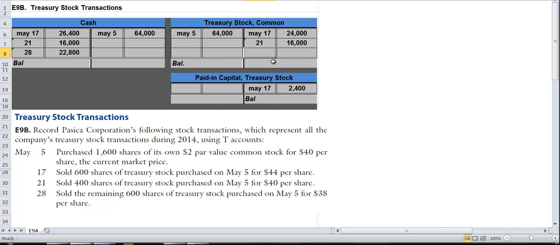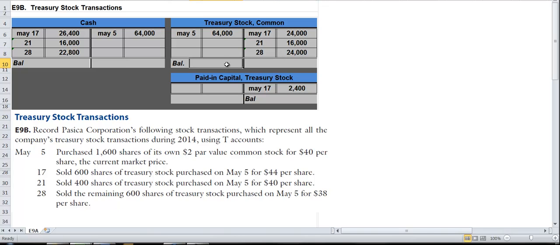Okay, then we're going to look at our treasury stock for common. On the 28th, I sold my 600 shares, and yes, I sold them for $38, but the treasury stock, every transaction is based on our cost, which was $40. So this credit to treasury stock is going to be for 600 times my $40 for $24,000.